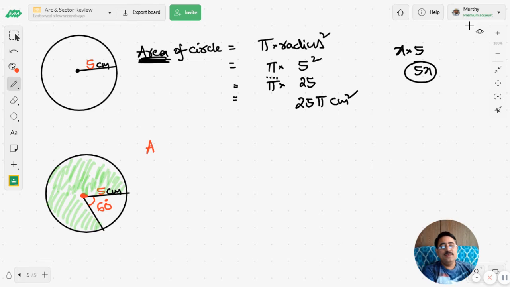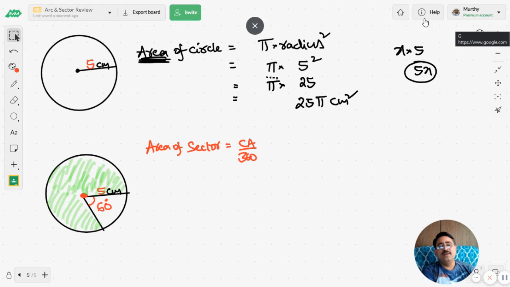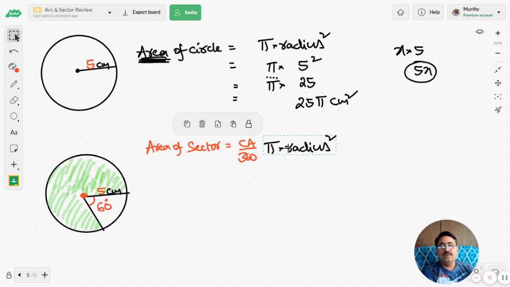So area of a sector equals a fraction: central angle over 360 times the same rule, the area of a circle, which is pi times radius square. It's very simple.